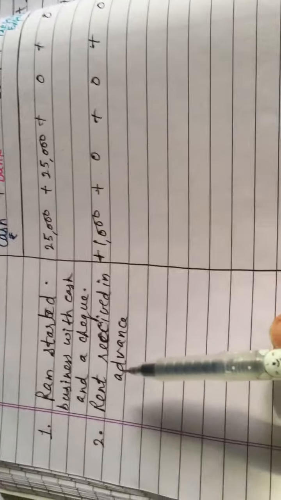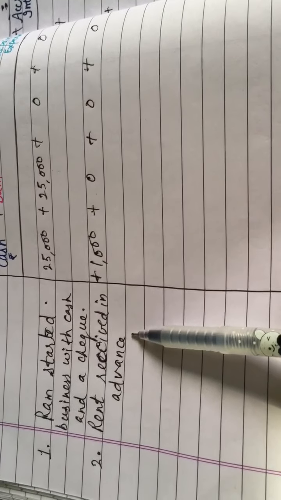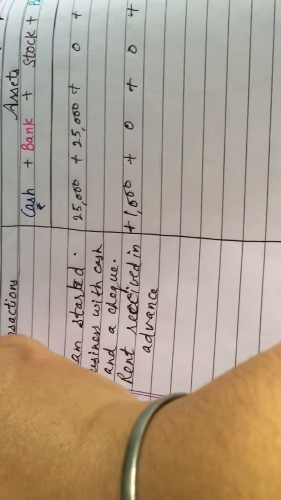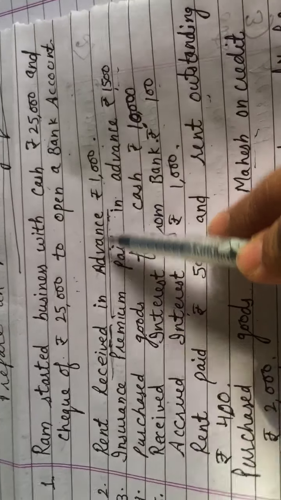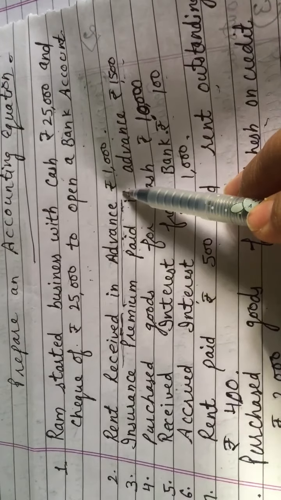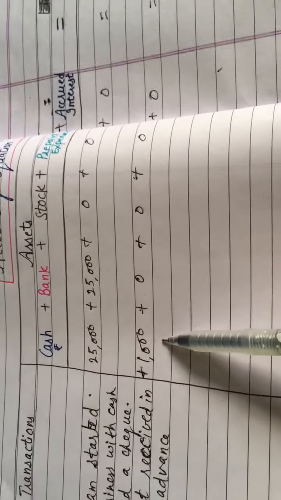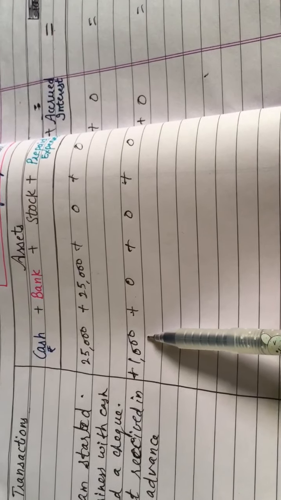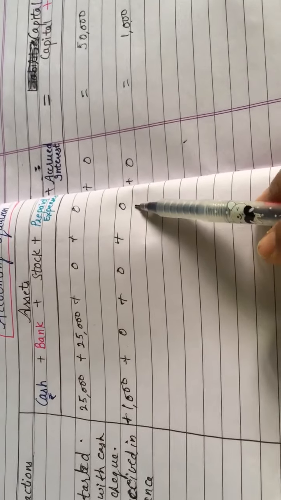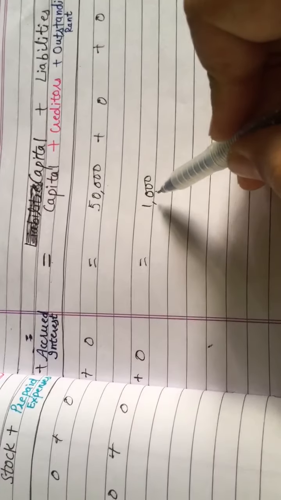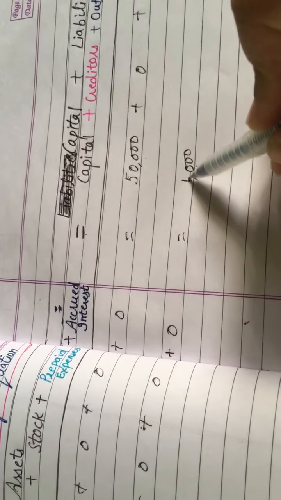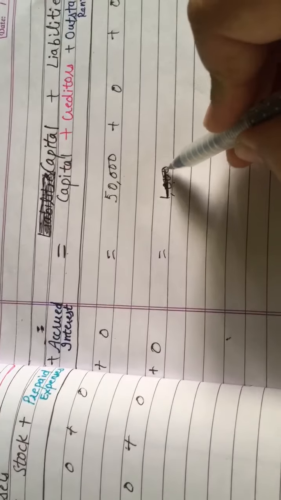Second transaction is rent received in advance. In advance means we have received an income in advance, so it is a liability of the business. The first effect is that we have received it, so the cash of the business will increase by rupees 1,000, bank no change, stock no change, prepaid expenses and accrued interest no change, and capital will also be 0.